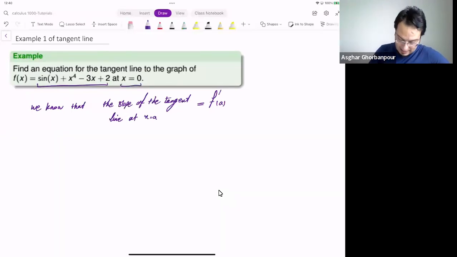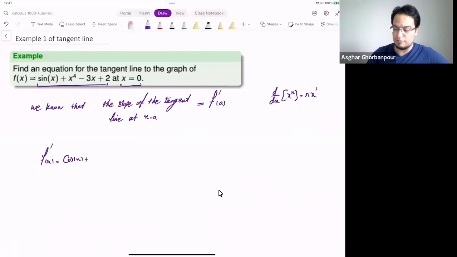So if I find the derivative of this function, apply the sum rule. The derivative of sine is cosine. In general, the power rule says that the derivative of x to the power n is n x to the power n minus 1. So it will be 4x cubed, minus 3x, using the same rule with the constant multiple, gives 3, plus 2.